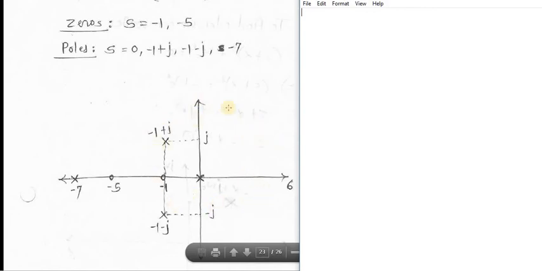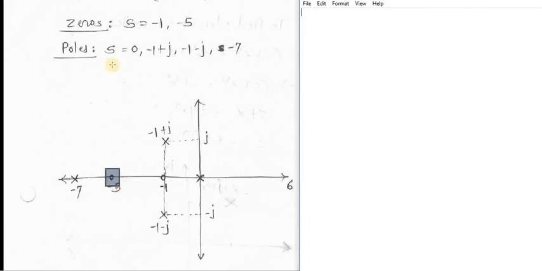We call it the s plane, where sigma is shown on the horizontal axis and j omega is shown on the vertical axis. So zeros are represented by the notation of a circle. Look at this carefully. Another zero at the location s equal to minus 5 is shown with a circle.